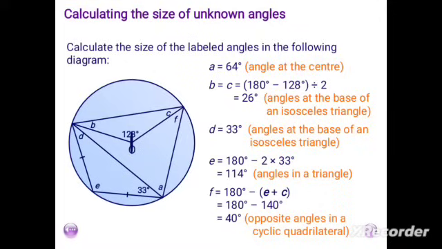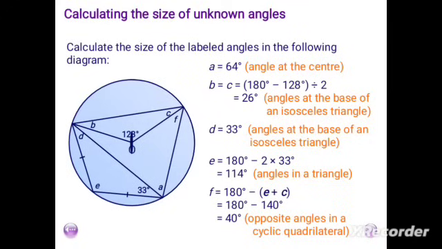And in this concept, we have C and F opposite to E. So if you take C plus F plus E, you will get 180 degrees.